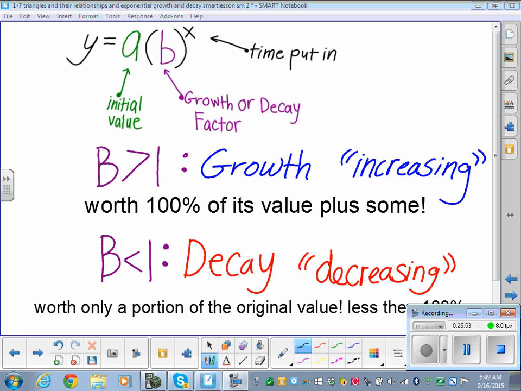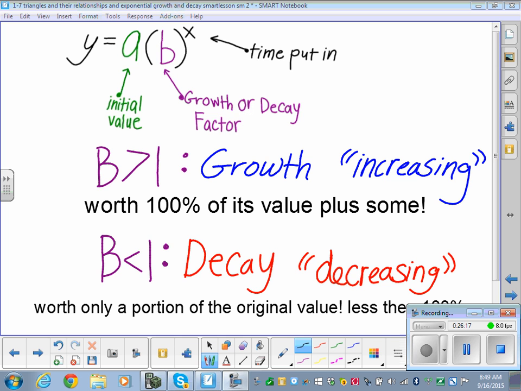That's going to be increasing, so it's going to be worth 100% of its value plus some. Once again, it's exponential growth if your b value is greater than 1. And if your b value is less than 1, anything smaller than 1, it's going to be exponential decay. It's going to be decreasing, and it's only going to be worth a portion of the original value.